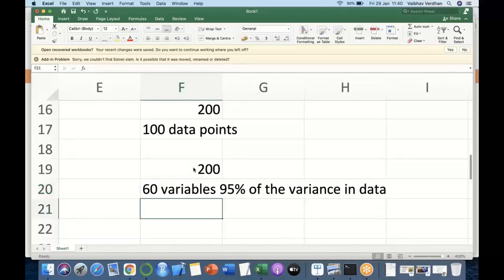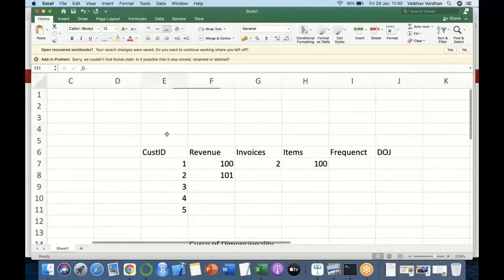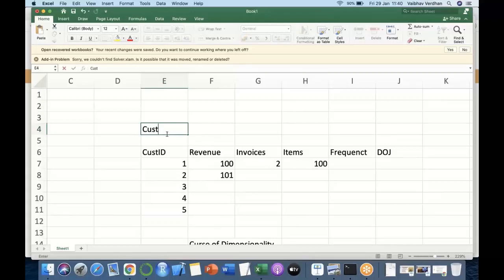Okay. Now, for example, if I go back to the example of retail, and let's say this is a grocery retail. In that case, let's say there's a variable of customer's hair color, right? Or, if this is apparel retail, the customer blood group, right?